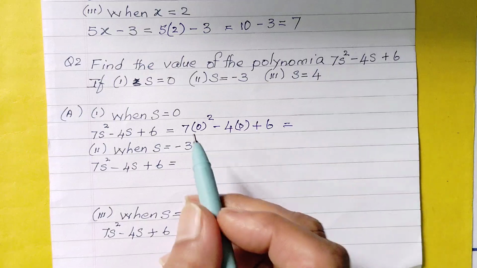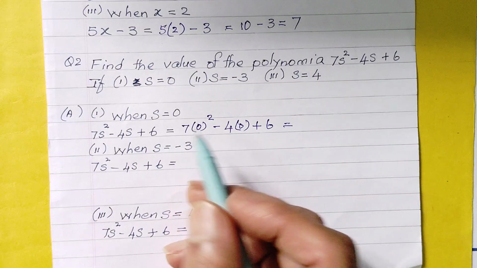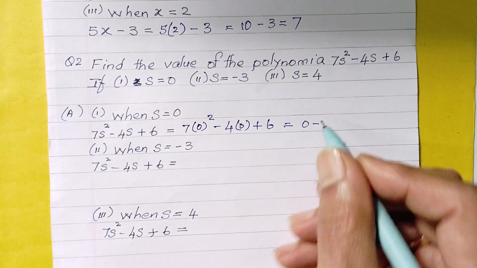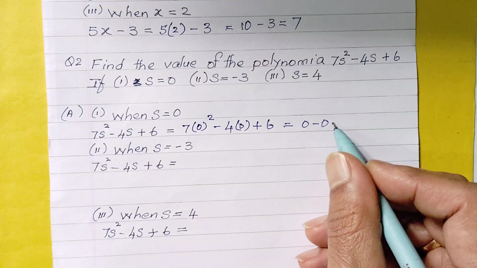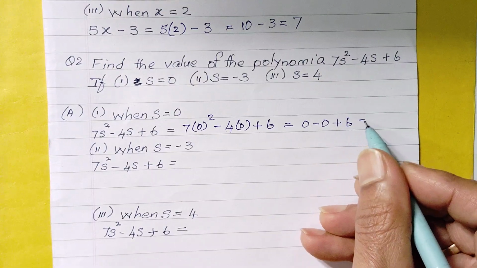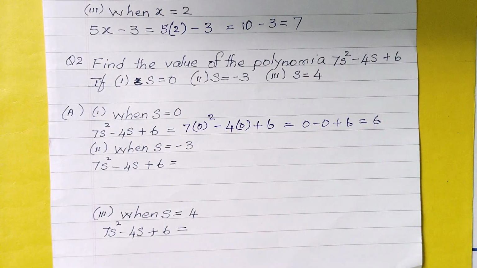So 0 square is 0, 0 into 7 is 0, 0 minus 4 into 0 is 0, plus 6. So this is 6. When s is equal to 0, the given expression takes the value 6.